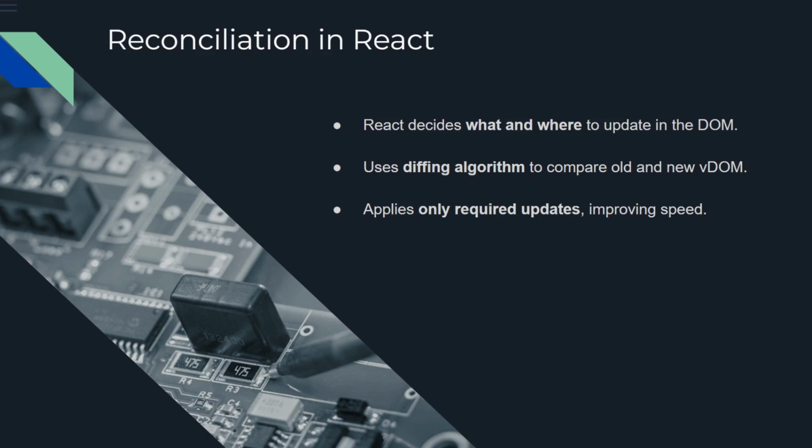Now, it applies only the required update, which improves speed. So it only makes changes in that particular thing, and that's how it improves speed. I keep saying the same thing, but these are the words that keep things clear: applies only required update and improves speed.